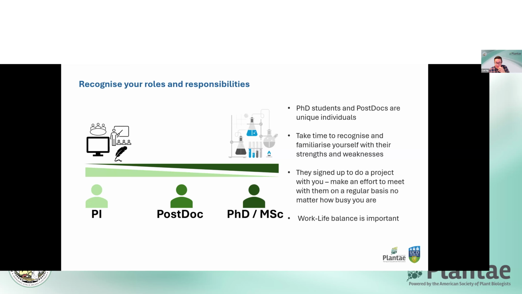So it's really important to take time to recognize their strengths and their weaknesses, because once you know their strengths and their weaknesses, you're then able to manage problems that may arise. Some of your students may be great at very, very technical experiments, but maybe not so good with the overall big picture view of the project. So, once you're familiar with that, you can address them.